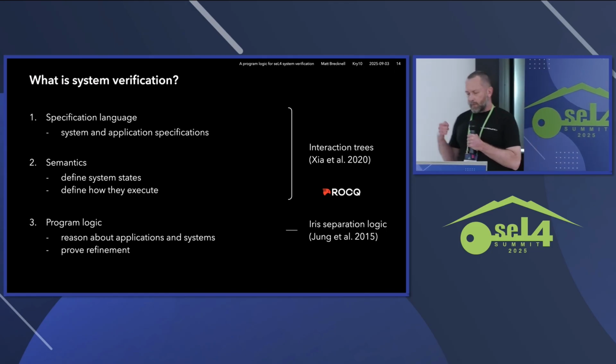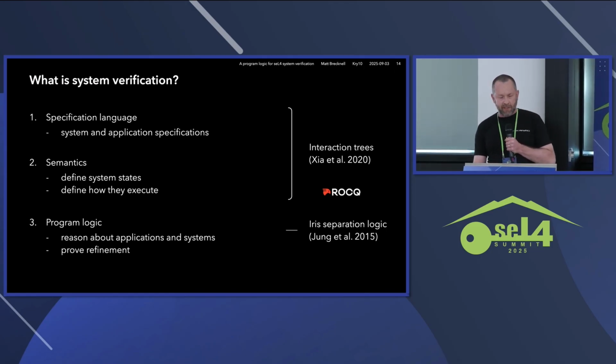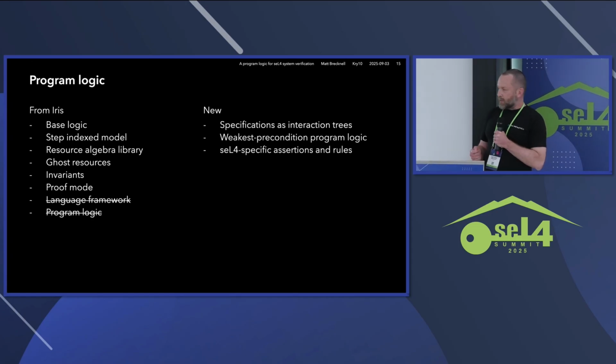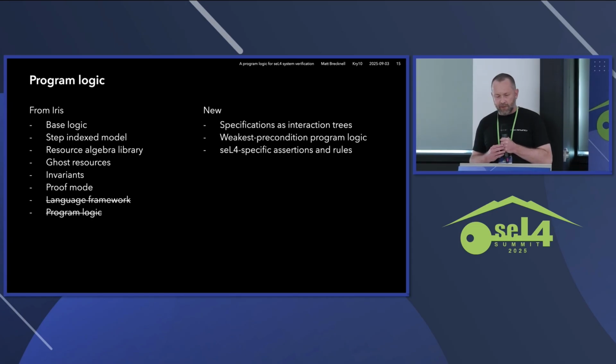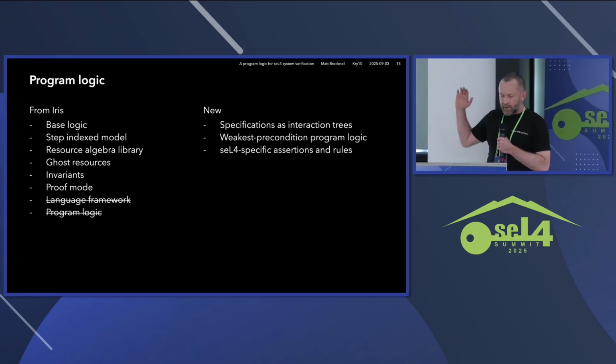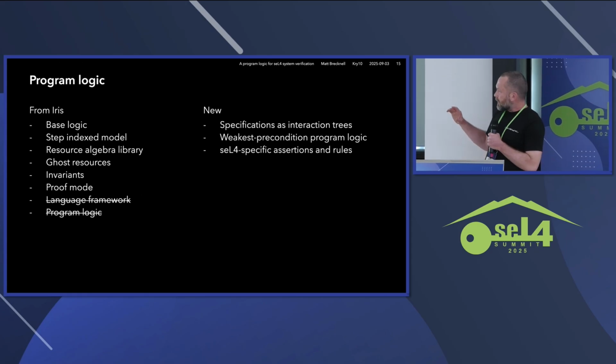And finally, we need a program logic to actually reason about these systems. We'll build this on Iris because it's a very capable existing concurrent separation logic. Fortunately, Iris is very modular, so it has a bunch of things that we can use, but there are some things that we can't use.